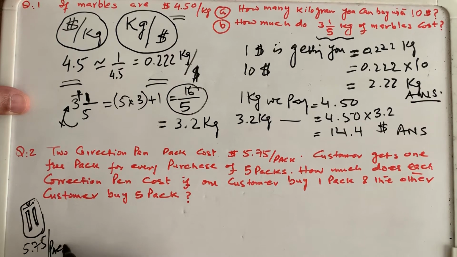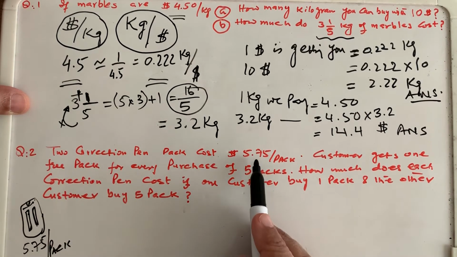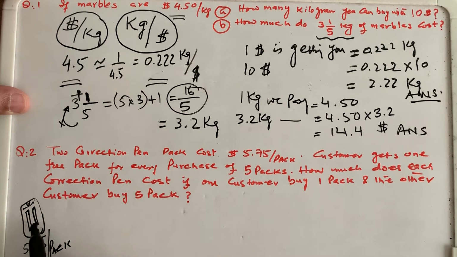So how many are you getting in a pack? A 2 correction pen pack costs you 5.75. That means it is not the cost of 1 correction pen. If you want to find out the cost of 1 correction pen, it will be less, right? How much less? Because you have 2 pens in a pack. So you have to divide this cost by 2 to get the cost of 1 correction pen.